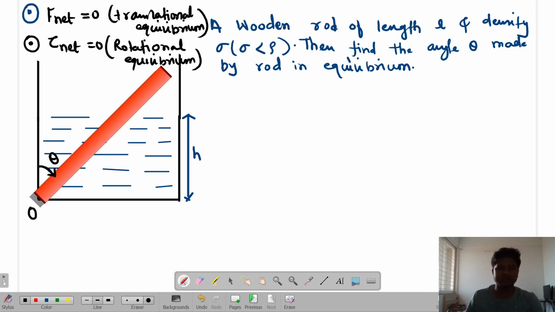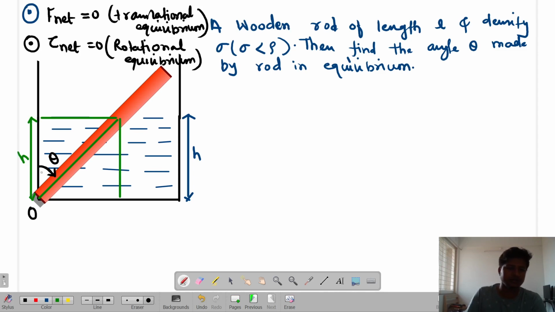Now look over here. Let us first make a triangle of this rod. Without making a triangle, you can't get anything. Now let us suppose this is the triangle and this is height h, isn't it?